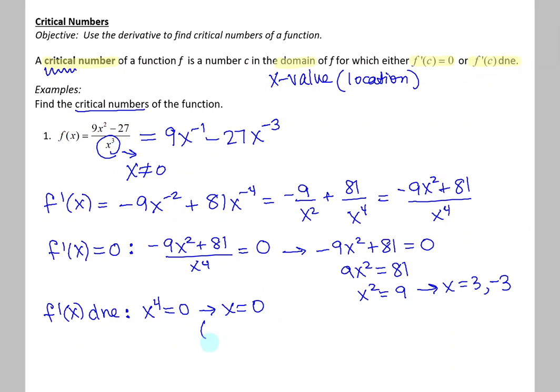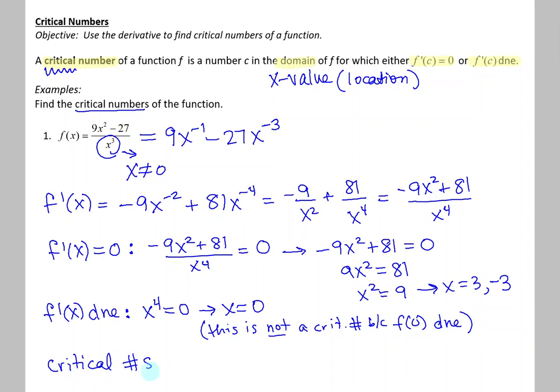So let's make a note about that. This is not a critical number because f of 0 does not exist. 0 is not in the domain of the function. So my only critical numbers are x equals 3 and negative 3.